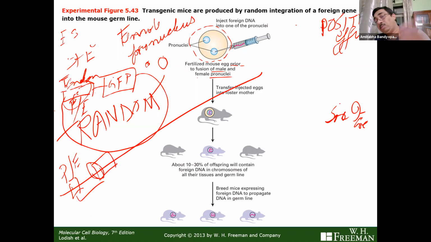But you can make a SOX9 Cre as a transgenic, and rigorously screen to see exactly in which mouse the expression pattern is just like what it should be for SOX9. Then you are fine. So you have to do a lot of screening afterwards to get the right kind of mouse strain. So this is transgenic.